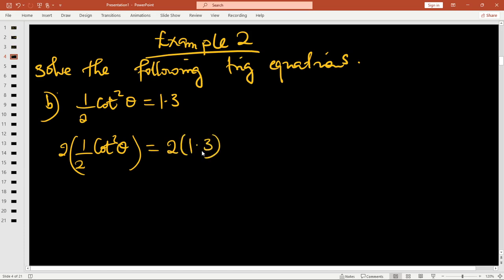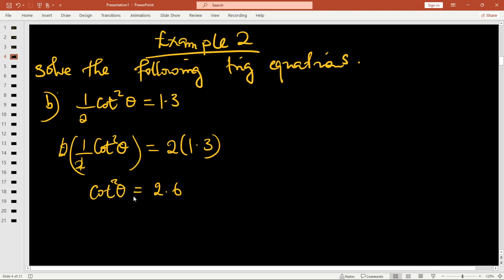Now the 2s are going to cancel out, so we're going to have cot squared theta is equal to 2.6.